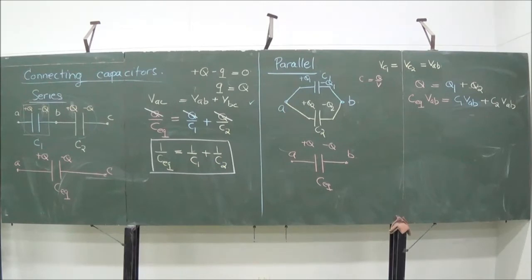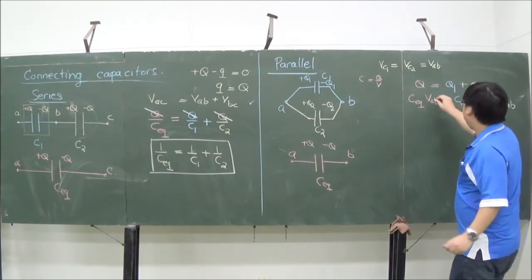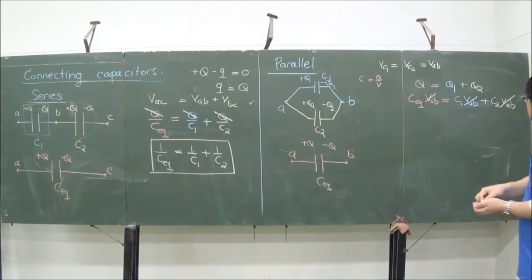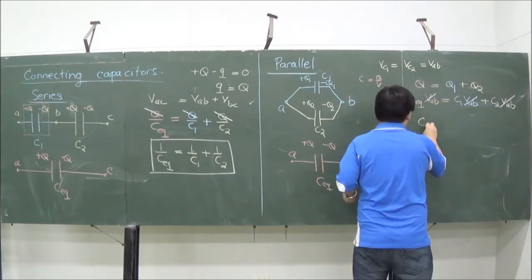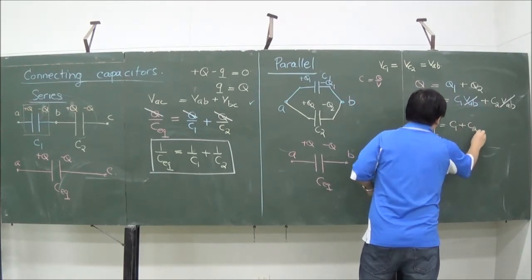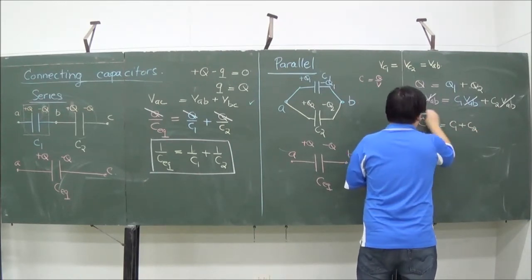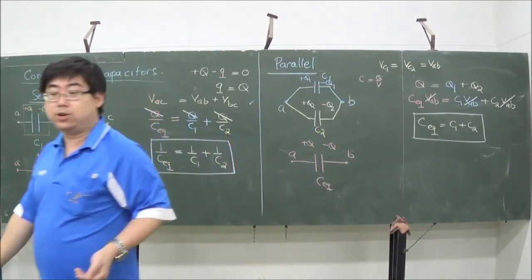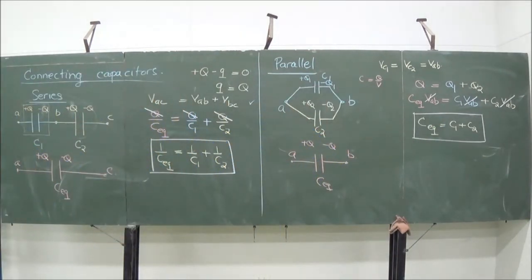And as you see, VAB cancels. So we've got C equivalent equals C1 plus C2, and this is the result when we connect the two capacitors in parallel.